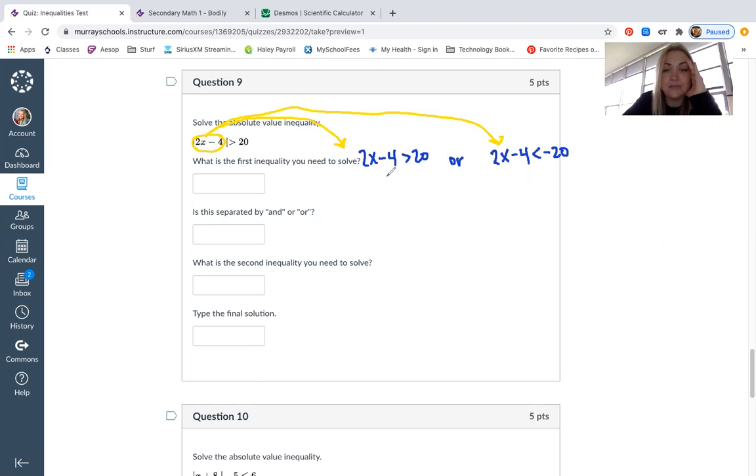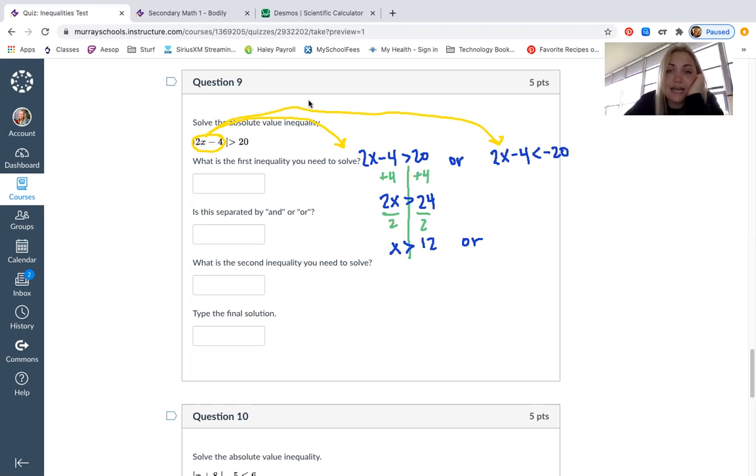All right, so we add 4, and I have 2x is greater than 24. And then I can divide by 2, and I get x is greater than 12. Remember, we still have an OR here.